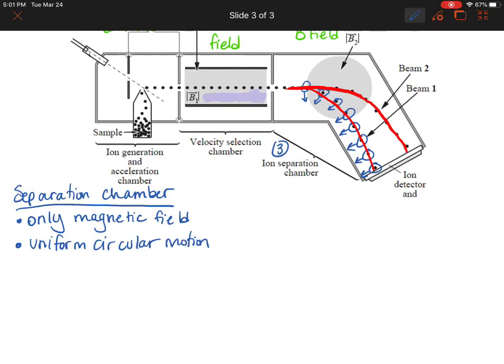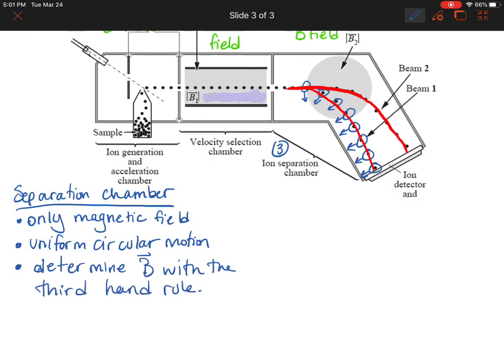And of course, we're going to determine the magnetic field with the third hand rule. Okay, so what's happening is we know that our centripetal force is equal to mass times centripetal acceleration. What is the only force acting in this third chamber?